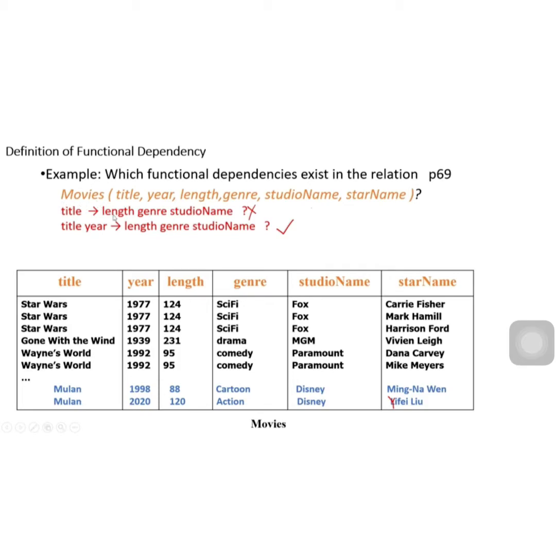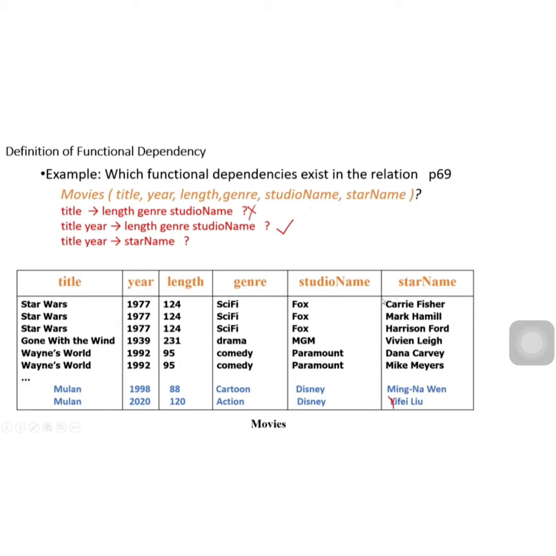Okay, now, does title, year functionally determine star name hold? Let's look at this one. These two tuples have the same value on title and year, but they have different values on star name.